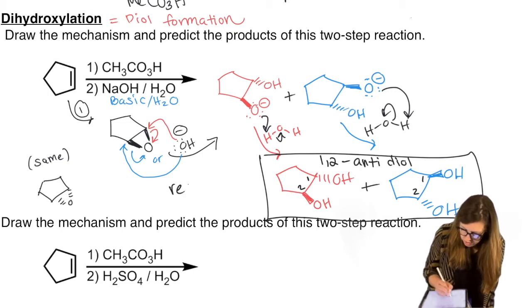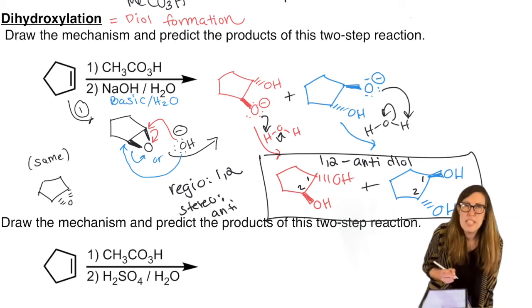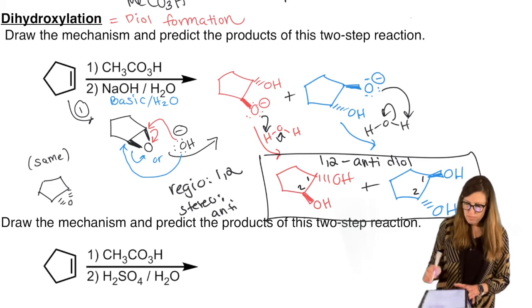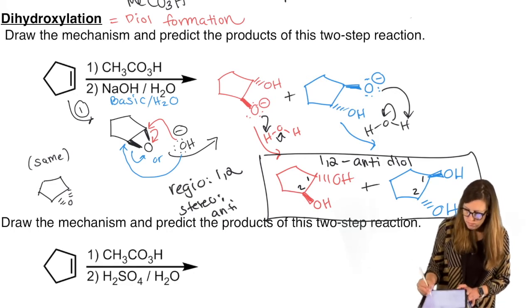So regio is 1-2. Stereo is anti. We get anti-1,2 diol, anti-vicinal diols even. So I'm putting all these words here. Vicinal, anti-diol.